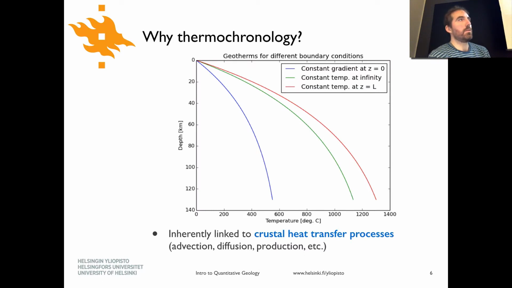It's also related to a number of the equations that we've already met. So when we talk about thermochronology, as you can maybe tell from the name alone, it relates to temperature. And when we talk about temperature in the Earth, we have things like the plot here of geotherms showing how temperature varies with depth.